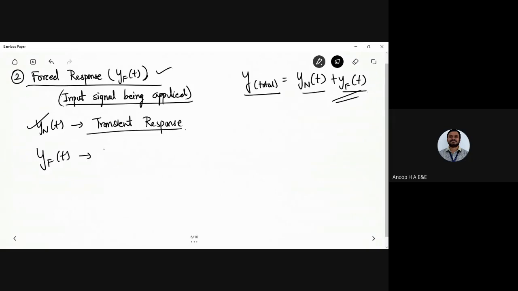Yf of t, the forced response of a system, is generally called the steady state response of a system. So a very important concept here: natural response is called the transient response, and forced response is called the steady state response.